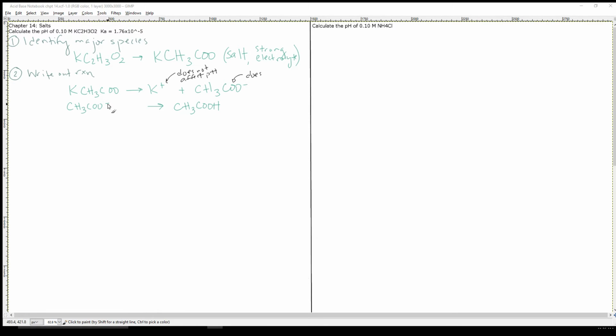And so we can see, since it had that negative symbol at the beginning, it is willing to accept a hydrogen. So if it is accepting hydrogens, that would mean that it is acting as a base.